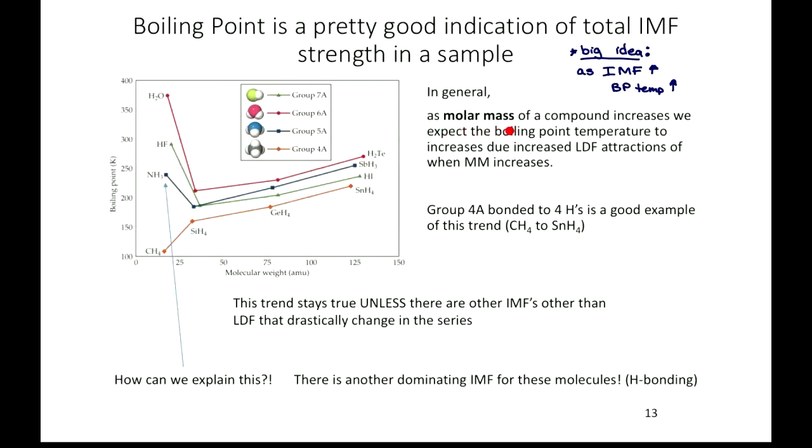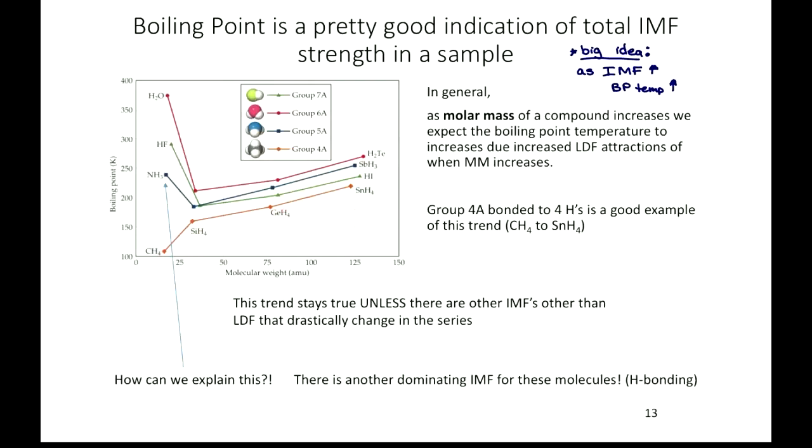Again, molar mass usually indicates the extent of intermolecular forces. We can see that here with different compounds that have hydrogens bonded to them. Going from CH4, silicon, germanium, tin with hydrogens attached there, the boiling point data just goes up as we go down the group, within group 4.